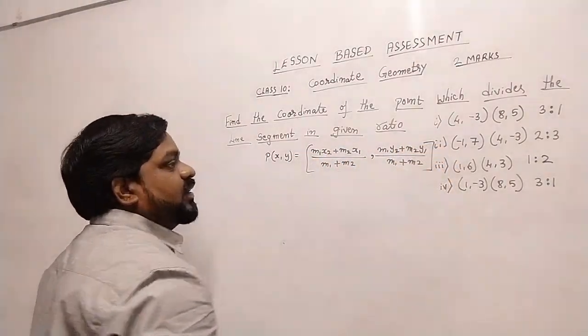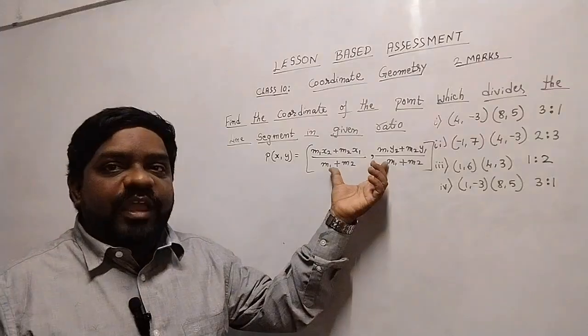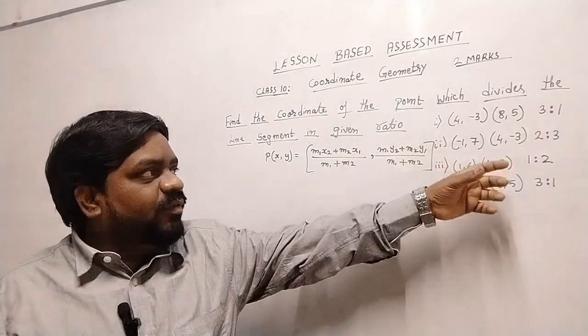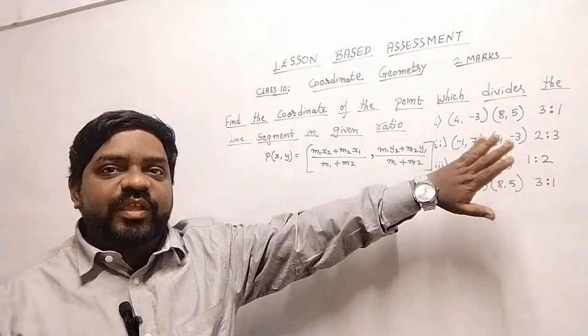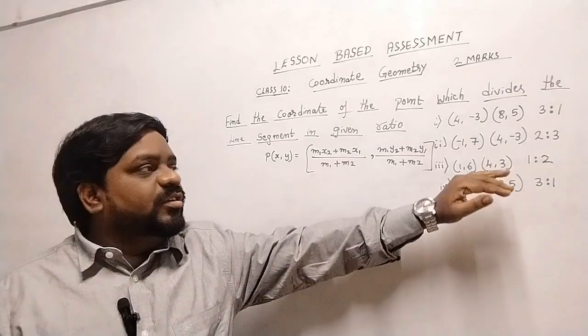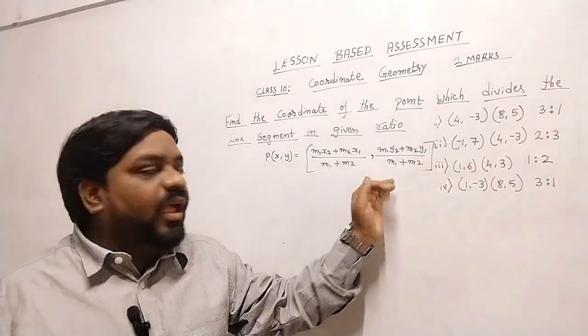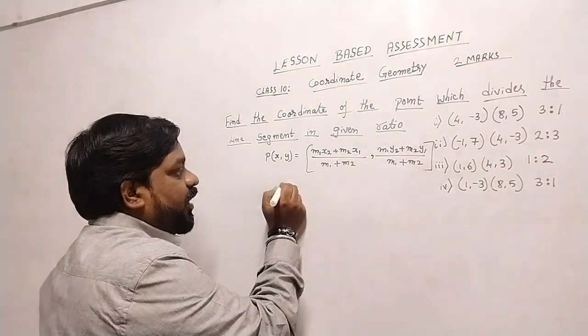This is the section formula. We have all the values now, m1, m2, x1, x2, y1, y2. So we need to substitute the values in the given formula.